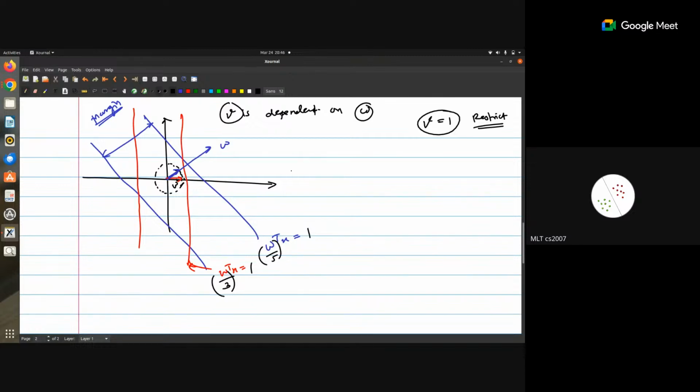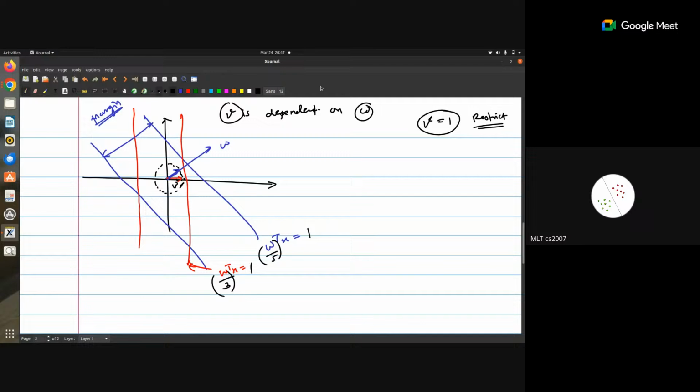Now for that, what will be the value of W? We are left with only one constraint, W. Gamma is no longer there. Solving for two variables is more difficult than solving for one, and we are doing that now.